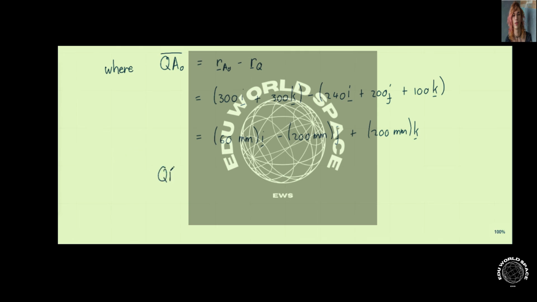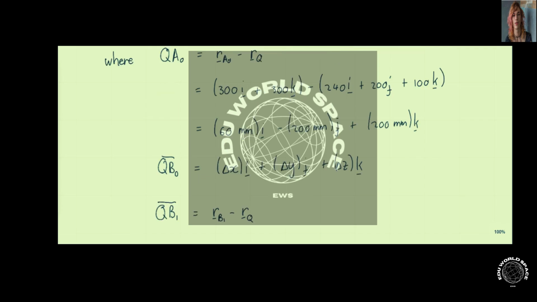Similarly, QB naught is equal to delta x I plus delta y J plus delta z multiplied by the basis vector k.